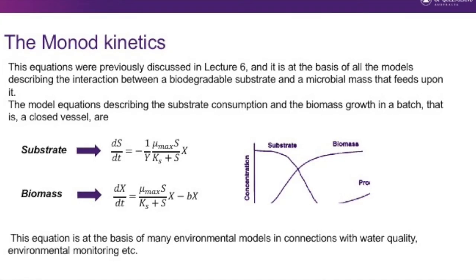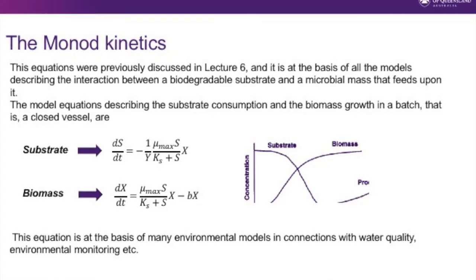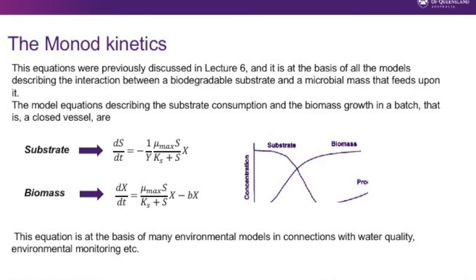So this equation can actually take the form of a relation with phosphorus instead of any other compound. Okay, so substrate has a negative sign in this case, and it's because it is the one being depleted. It can also be a contaminant, or in a wastewater treatment plant, it can be the organic matter that is being degraded, right?